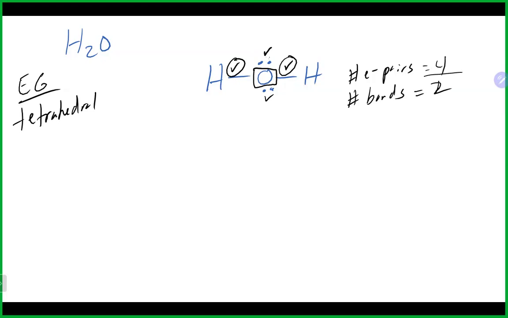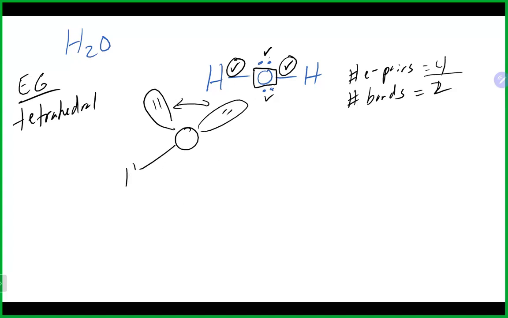But because we have 2 bonds here, and really because we have 2 non-bonding electron pairs, water has all the worst interactions happening together. It has bonding electrons near bonding. It has non-bonding electrons near bonding. And it has non-bonding electrons near non-bonding electrons, which is like the worst case scenario. So those non-bonding electrons are going to try to get as far away as possible.